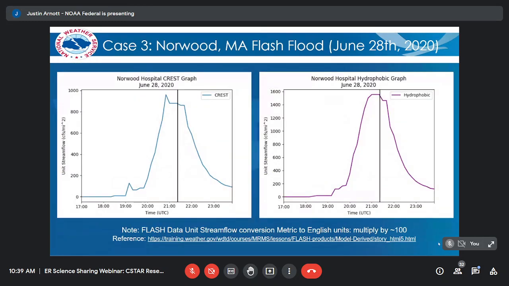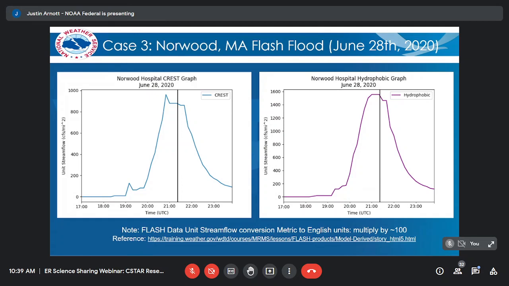Taking a look at the CREST graph on the left-hand side, and the hydrophobic graph on the right-hand side. Obviously, the hydrophobic graph is going to have a much higher y-axis in terms of unit stream flow. And this is a situation where the hydro person would have to decide, based on his or her understanding of the local geography and what kind of surfaces you're talking about. Is it mostly a vegetated area?